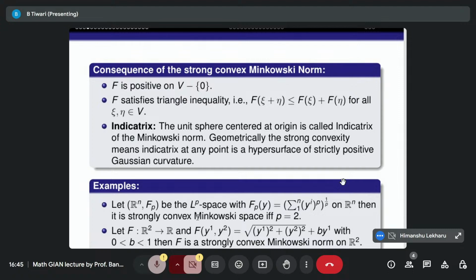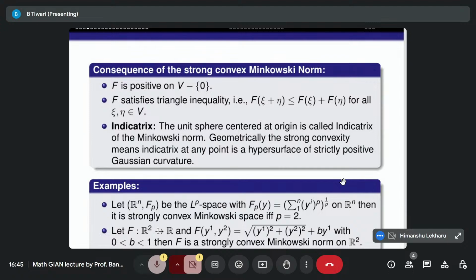Although, if you consider only the Minkowski norm in the previous definition without this strong convexity condition, for all p it's actually a Minkowski norm. But for strong convexity, only the Euclidean norm satisfies this condition. In fact, for p between 1 and 2, the smoothness condition is violated, while for any p greater than 2, the strong convexity condition is violated.